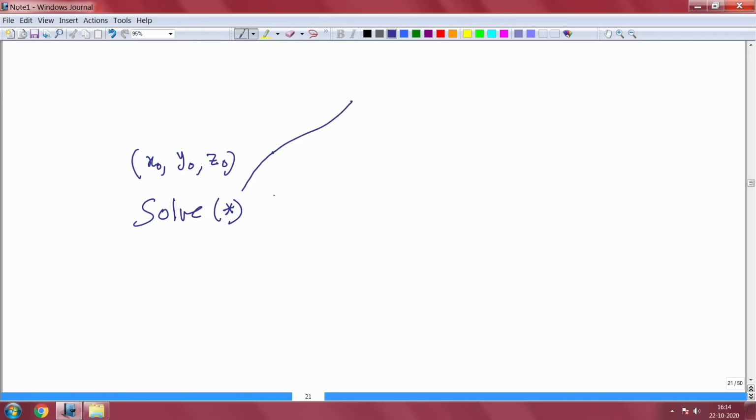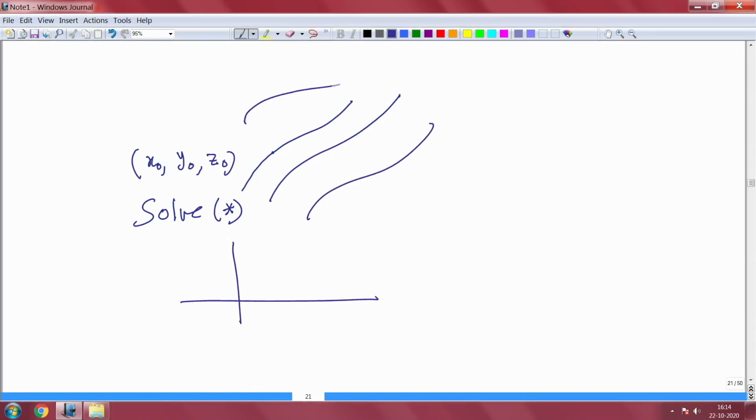So, for every point you will have a curve here. This is in R3, you have to understand that. So, you will have curves all along. These are called the characteristic curves. Every point has one passing through, so the whole region R3 can in principle be filled with these curves.